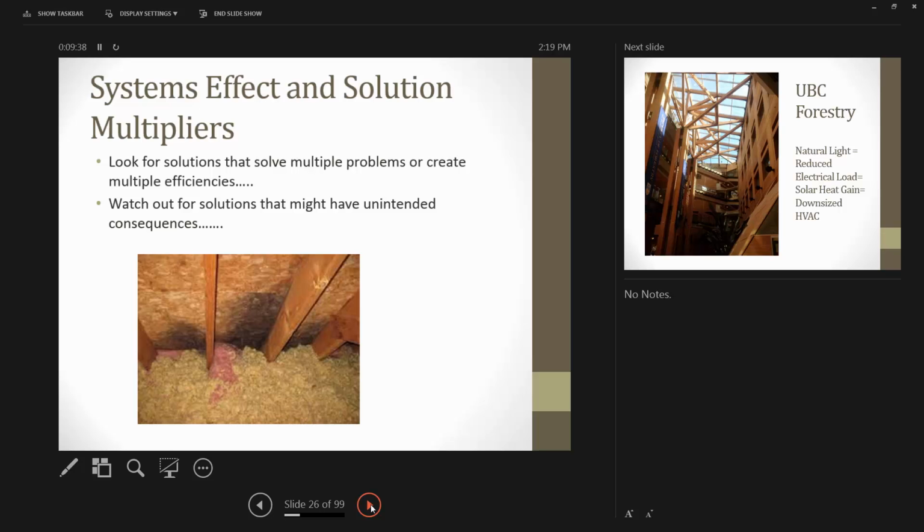So look for solution multipliers that solve multiple problems or create multiple efficiencies. The biggest example of this in a solution multiplier is being able to increase the performance of your thermal envelope can oftentimes decrease the size of the heating and cooling equipment that you need.